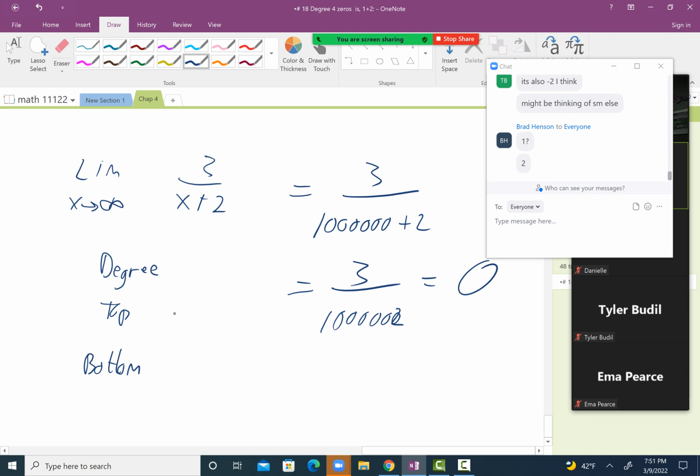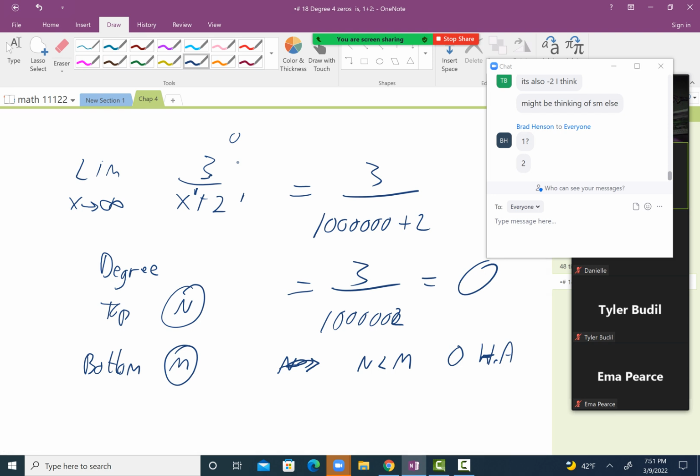If the degree on the top is n, and the degree on the bottom is m, if n is less than m, then you're going to have 0 as a horizontal asymptote, HA. The degree of this one, there's no x there, so that degree would be 0. This degree here is that power there, that's 1. Since 0 is smaller than 1, we're going to get a horizontal asymptote.